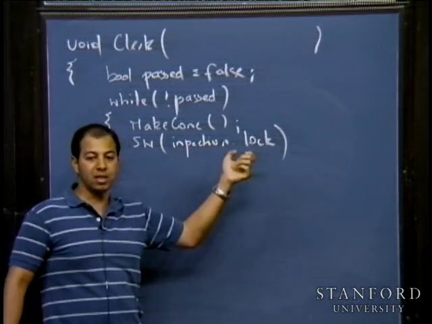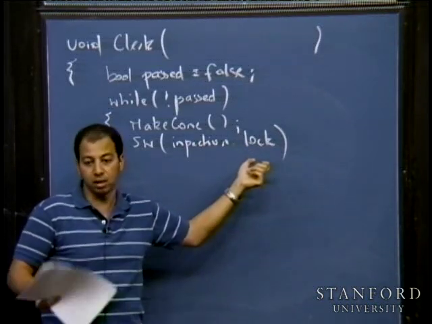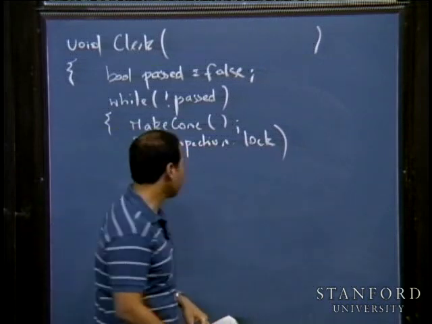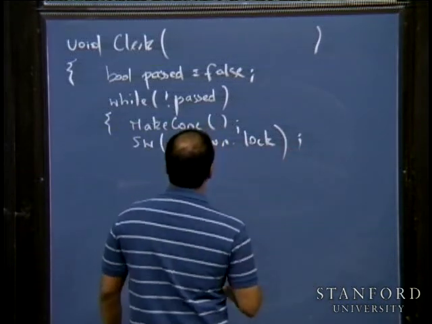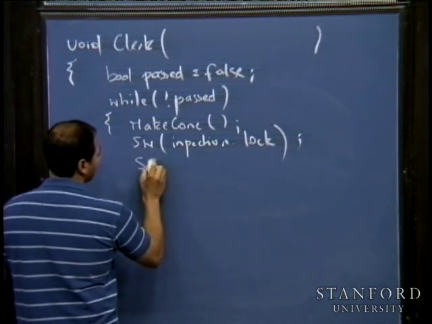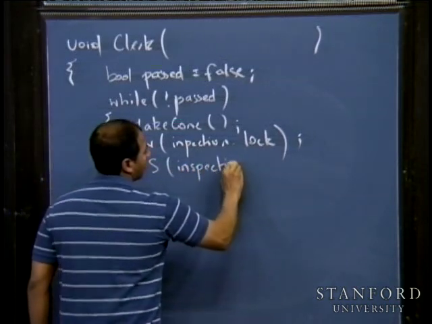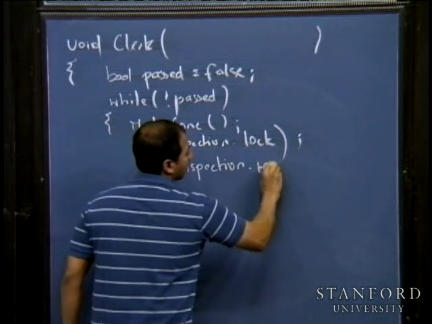The other scenario is that this is 0, in which case you just block on it and wait until it is signaled. Okay? All right, so you wait on this lock. After you wait on this lock, you basically need to request the service of your manager, right? Okay? So what you want to do is semaphore signal inspection requested.